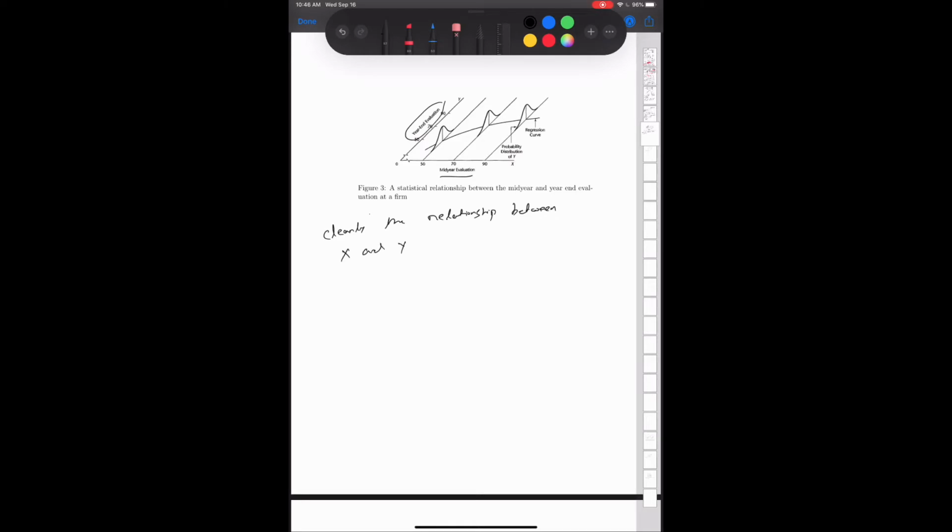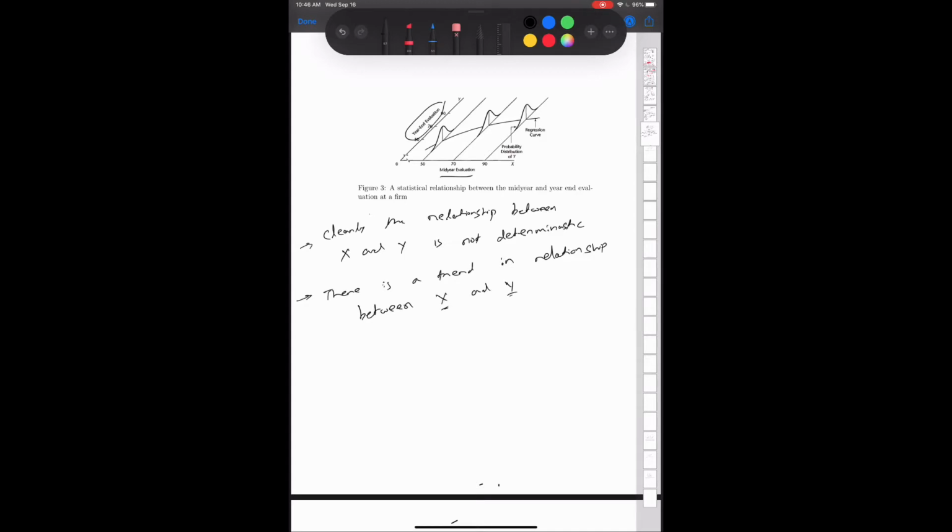x and y is clearly not deterministic. There is a trend in the relationship between x and y.